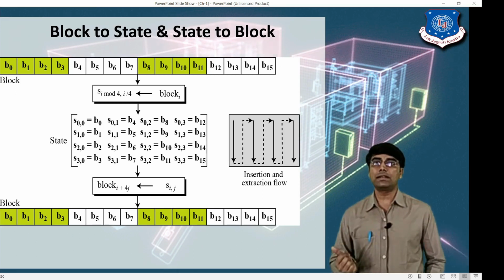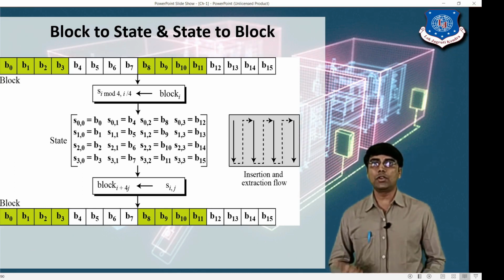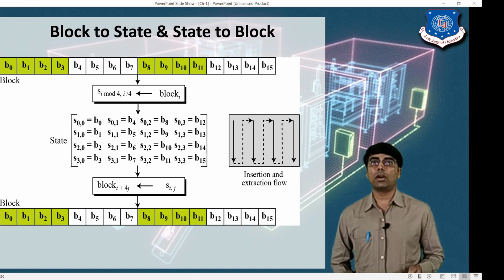If we consider i equal to 0, then 0 mod 4 gives 0, and 0 divided by 4 gives 0. So you get block 0 if i equals 0.